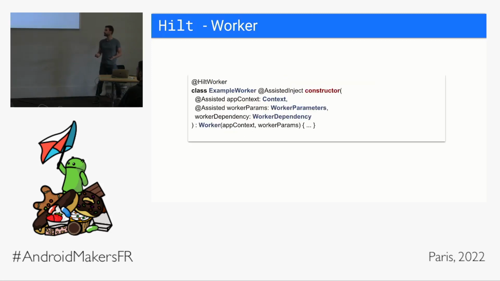Then you can annotate your workers with @HiltWorker, and you can create an @AssistedInject constructor where you annotate your context and parameters with @Assisted, and then you can provide all the dependencies you will need in your worker. I think this is a very convenient way to perform dependency injection in workers.